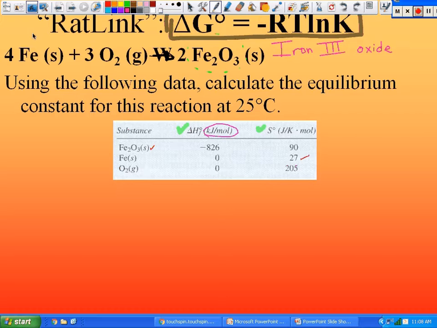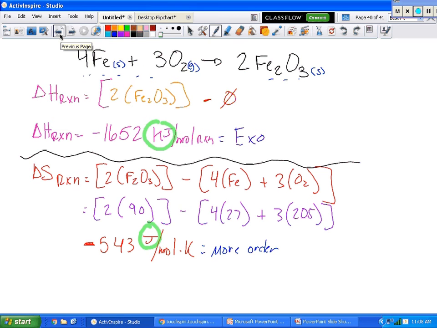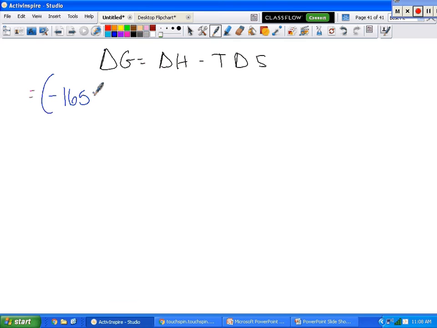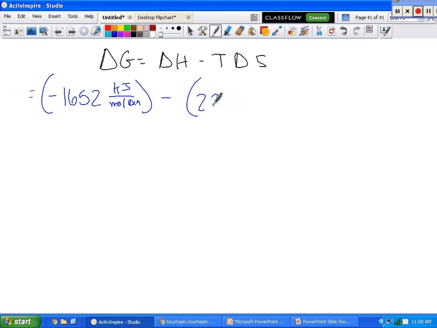So it's negative 1652 kilojoules per mole of reaction minus T, and it says it is 25 degrees Celsius, but what do we have to put it in? Kelvin, so 298 Kelvin, and then it's negative 0.543 kilojoules per mole.